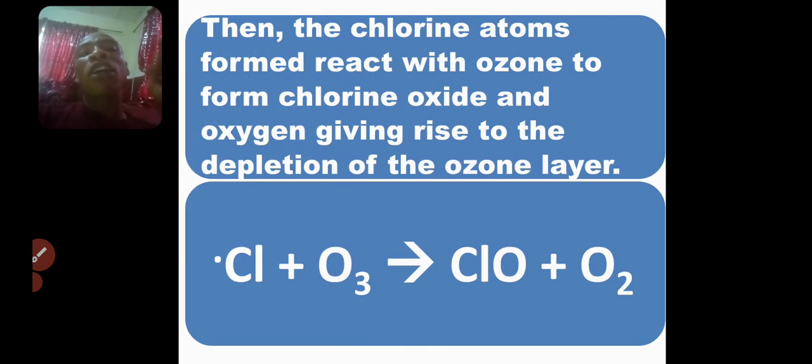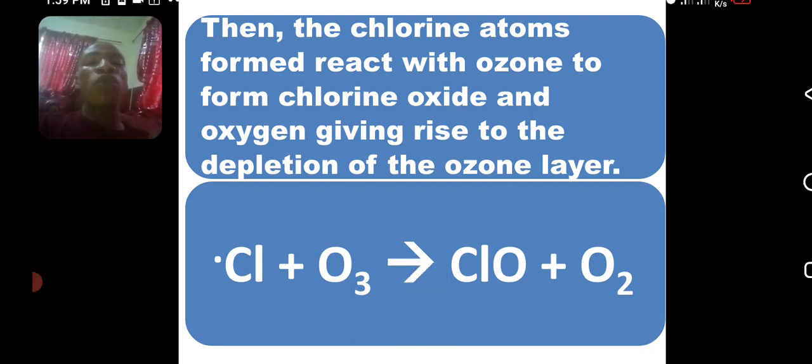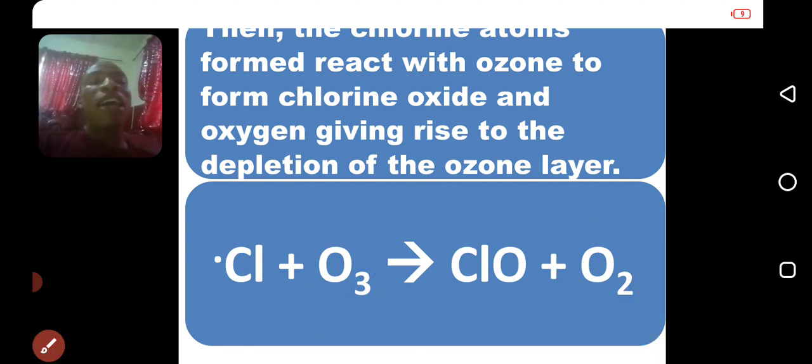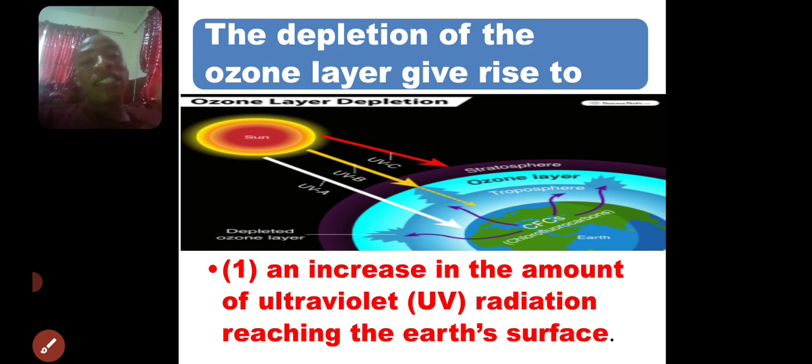That atomic chlorine will now react with ozone. When it reacts with ozone, it will split the ozone into oxygen and deplete it. Now, when it gets depleted, there will be an increase in the amount of heat or UV radiation reaching the Earth's surface.